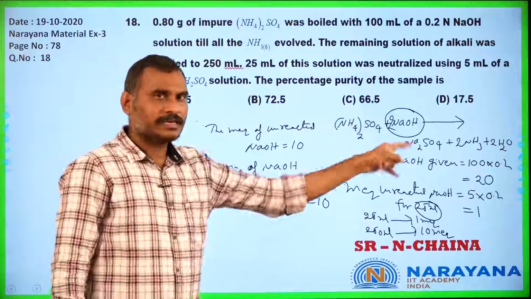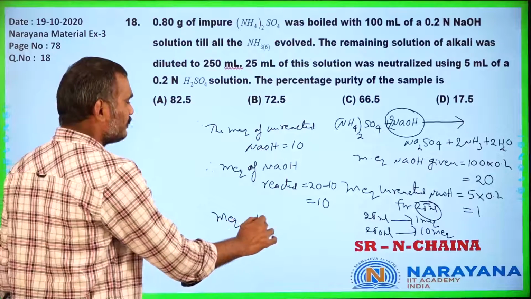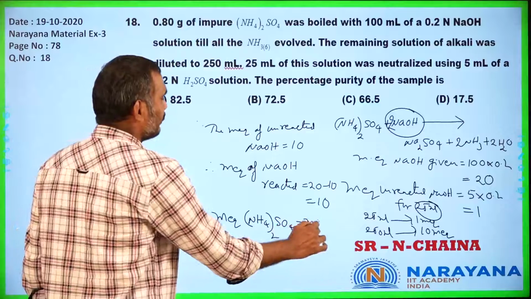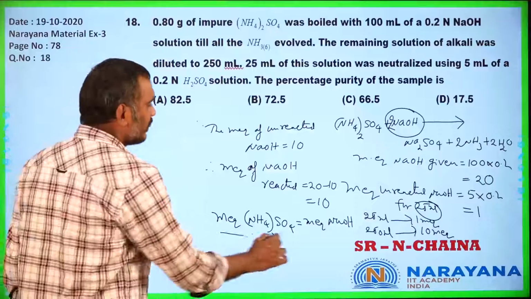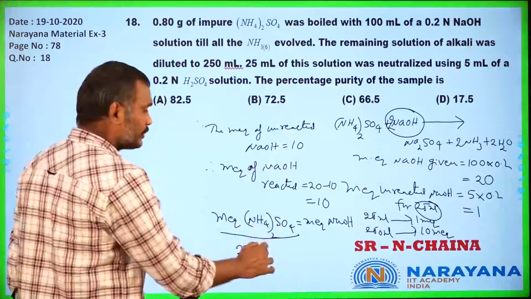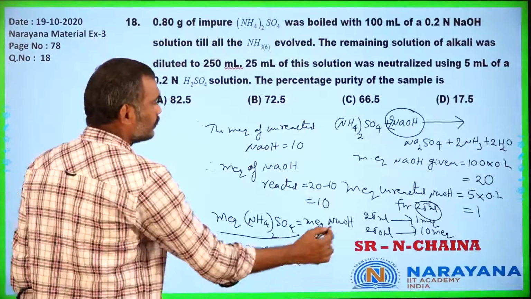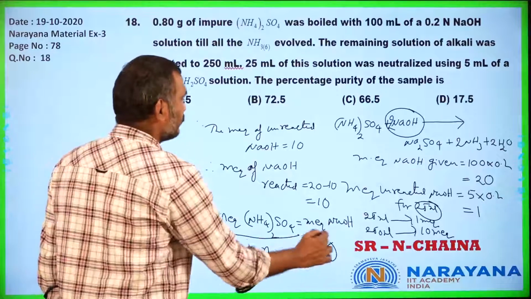Observe that from the equation, milli equivalence of ammonium sulfate is equal to milli equivalence of sodium hydroxide. Milli equivalence of ammonium sulfate is nothing but n factor into millimoles. Number of millimoles is equal to milli equivalence of sodium hydroxide reacted, already 10, divided by 2, that is equal to 5.